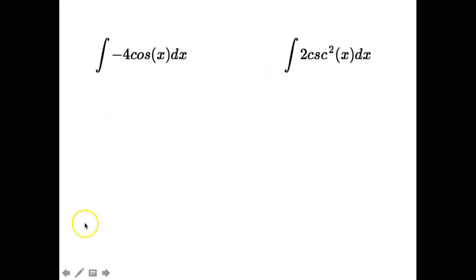Okay, so first thing here, we're going to do the integral of this. First thing is the constant that's with it, it just comes down with it, okay? Now we're going to do the integral of cosine. Well, remember the thing I showed you guys. Clockwise is derivatives. Counterclockwise is integrals.